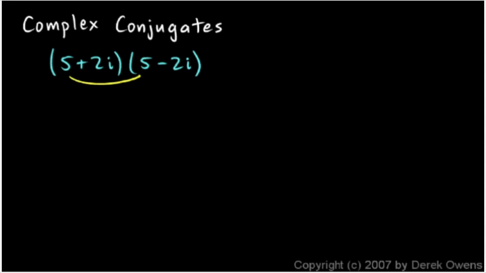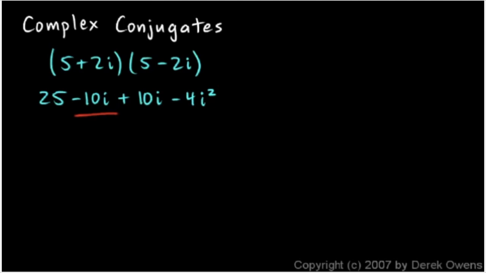And watch what happens. The first, we have 5 times 5, which is 25. The outer, we have 5 times negative 2i, which gives me a minus 10i. For the inner, we have 2i times 5, which is a positive 10i. For the last, I have 2i times negative 2i, which is negative 4i squared. And don't forget that squared.